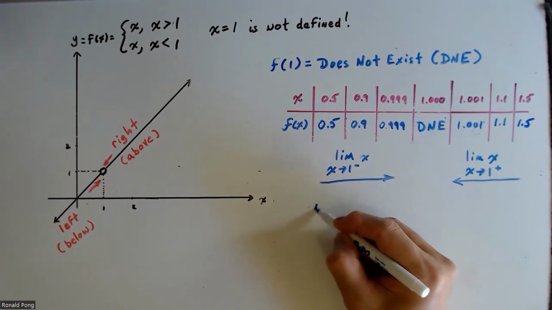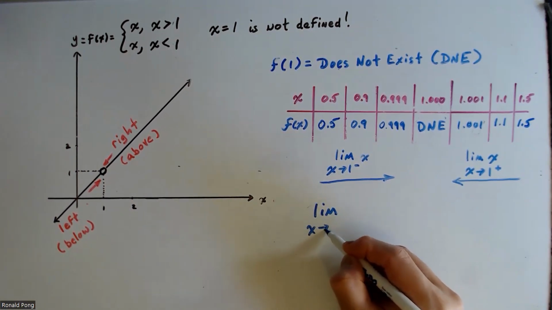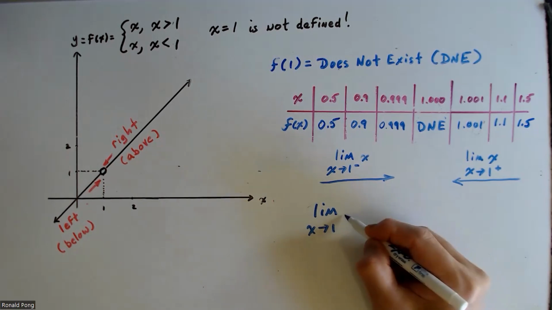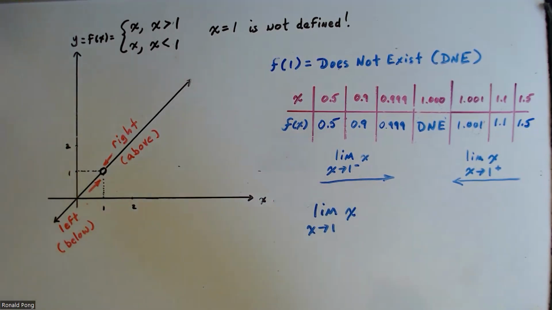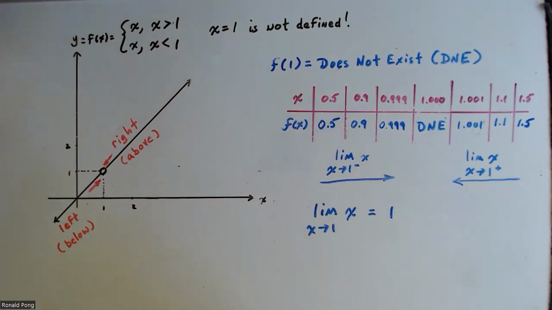We can write, therefore, that the limit as x approaches 1 overall of f of x equals x for this piecewise function is going to equal 1. So the limit exists even though the point f of 1 does not.